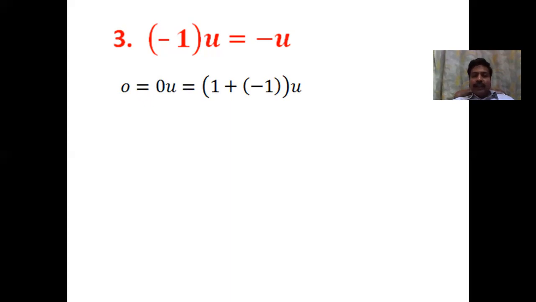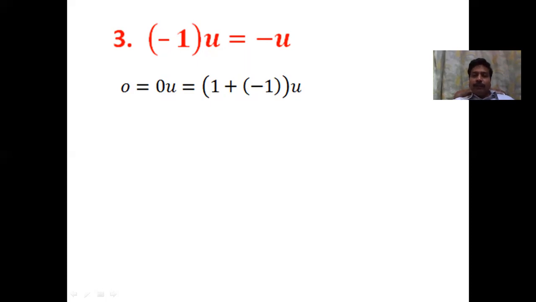So we can take from our previous results, O, the 0 vector, is equal to 0u, with 0 in the field, here 0 in the real numbers. 0 can be written as 1 plus minus 1. This is the multiplicative identity, and this is the additive inverse of it. If these two are added, we will get 0 in the field.